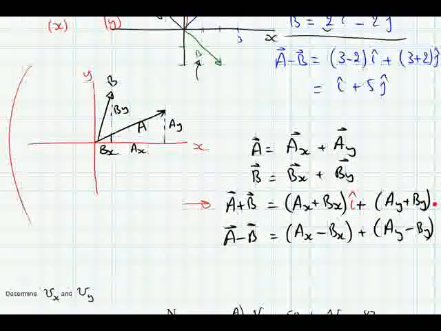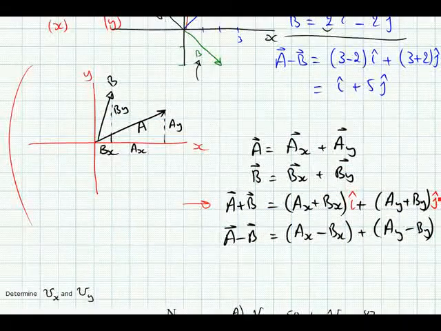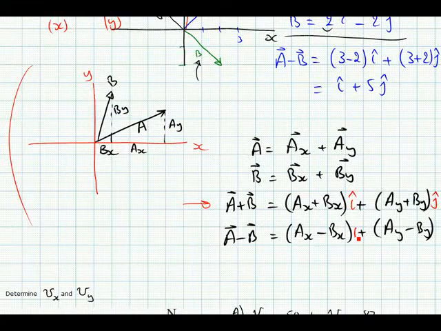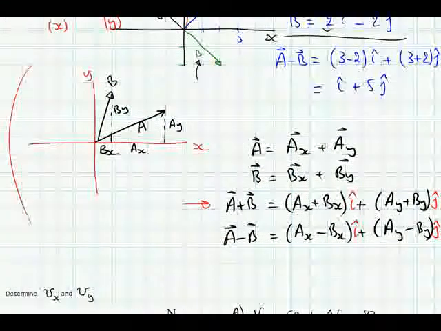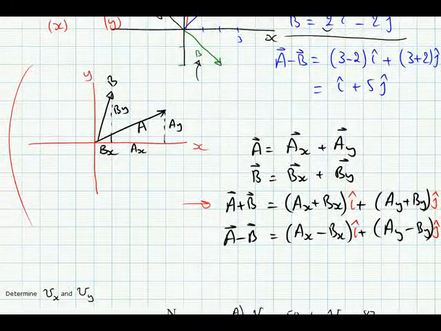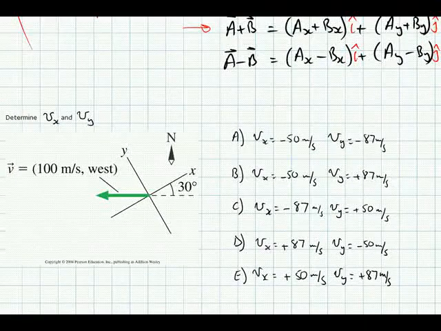This is the i component, this is the j component, and for A minus B, once again, that's the i and that's the j component. You can simply add the components to come up with either the sum or the subtraction of two vectors.